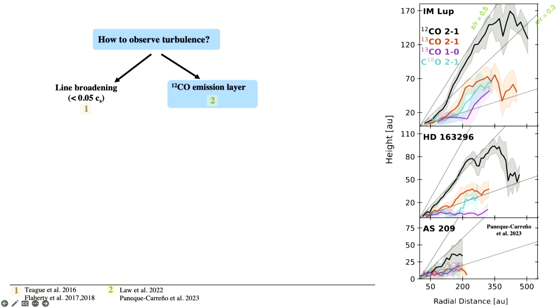If you look at this plot, which shows 3 different disks, height over radius, and you see the 12CO emitting layer in gray, what you notice is this emitting layer has a very narrow range. And when we speak about turbulence, we speak about the largest eddies, right? Eddies which have the size of a pressure scale height.